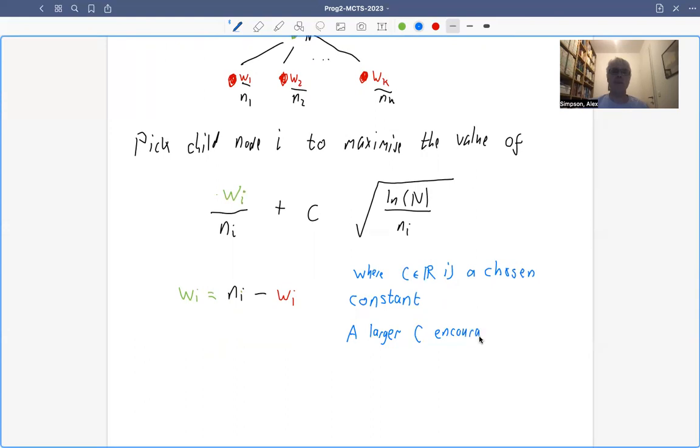Encourages a broader search. So taking more of the breadth of the tree, and we're exploring the breadth of the tree more often.